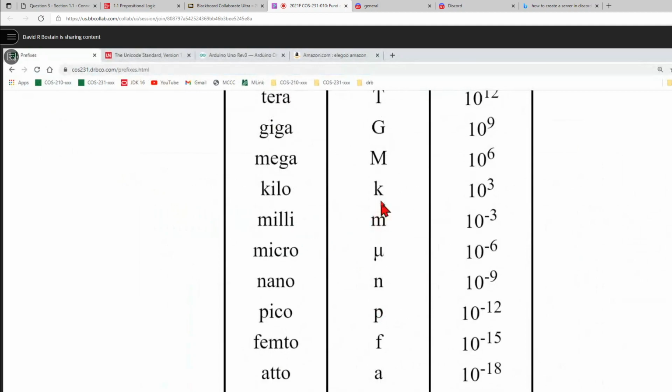The unit is right in between M and K. It tells the number of positions we have to move the decimal point in order to put our number into a standard engineering format. So let's look at how we would go about doing that here.